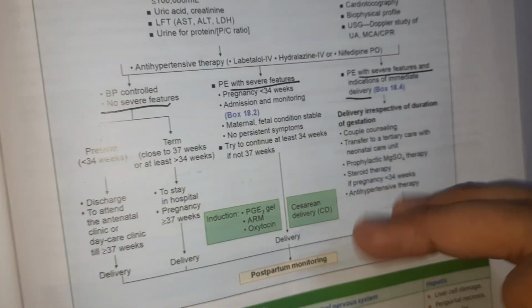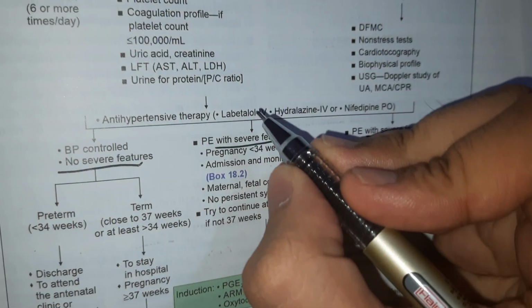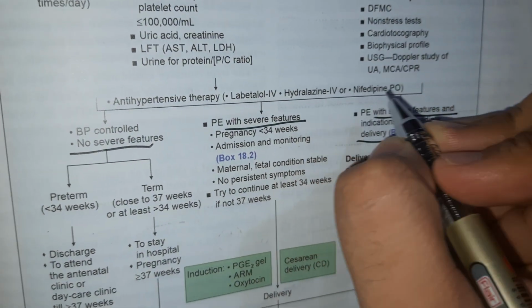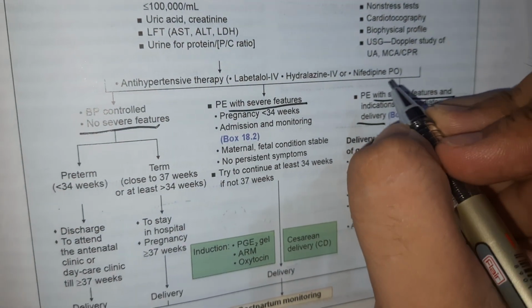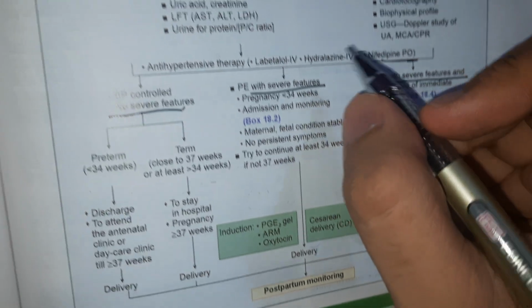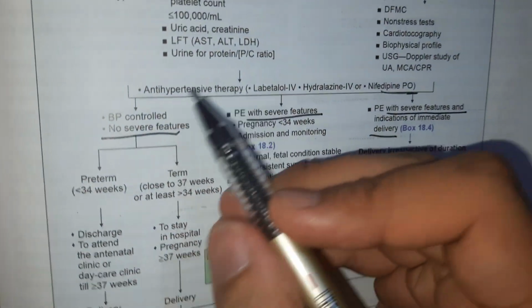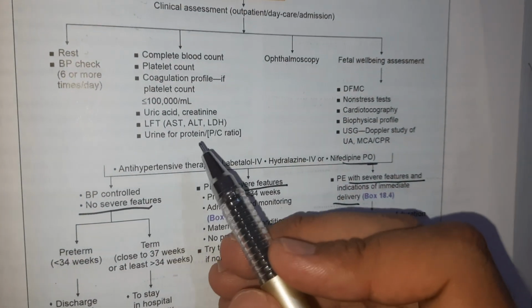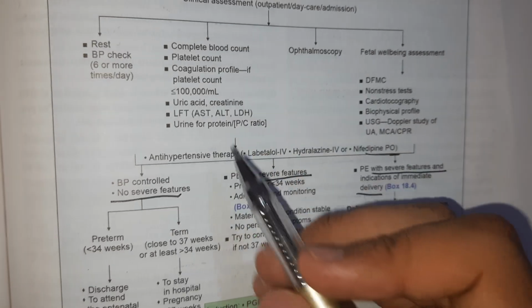And we have the anti-hypertensive therapy like labetalol IV, hydralazine IV, or nifedipine orally. Nifedipine is oral, but these two are IV, as we have already discussed. The antihypertensive therapy is to be given if the report is abnormal.